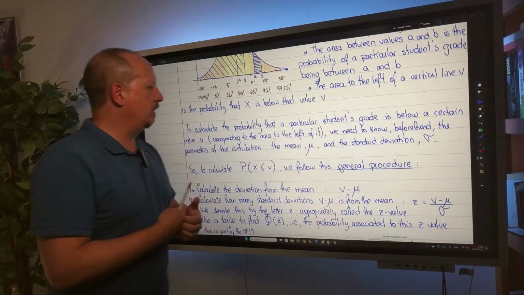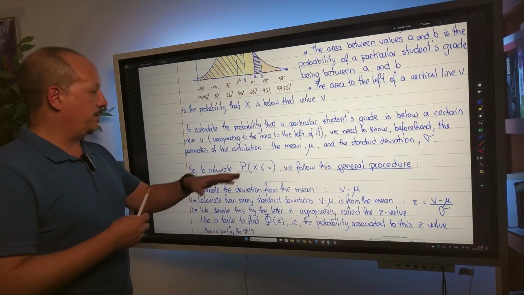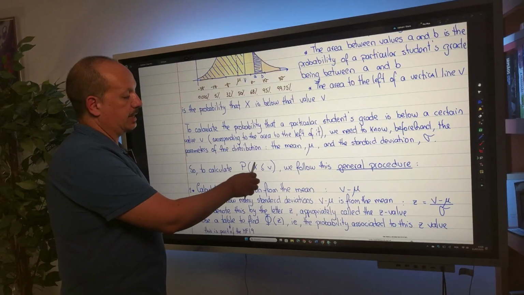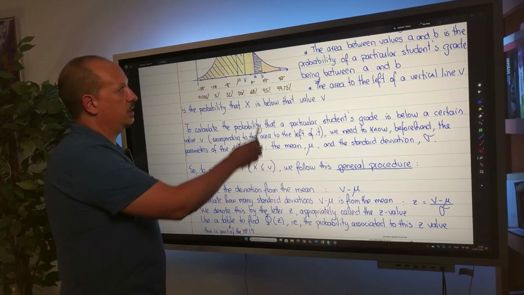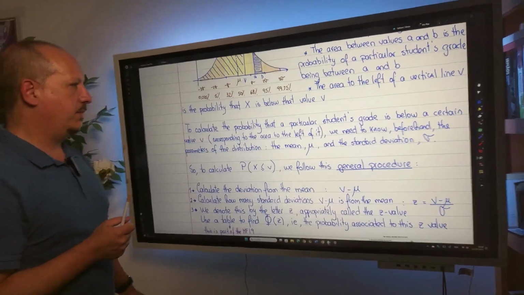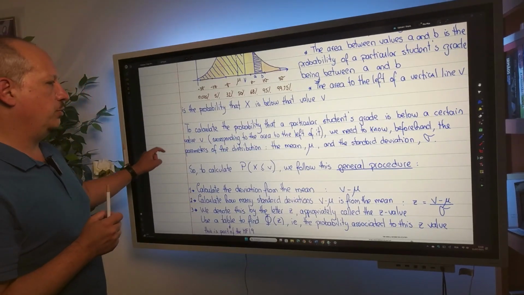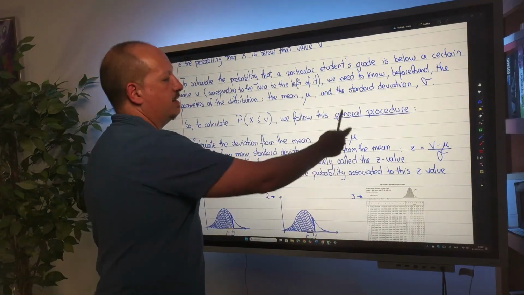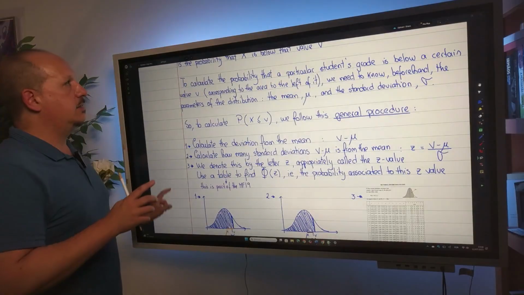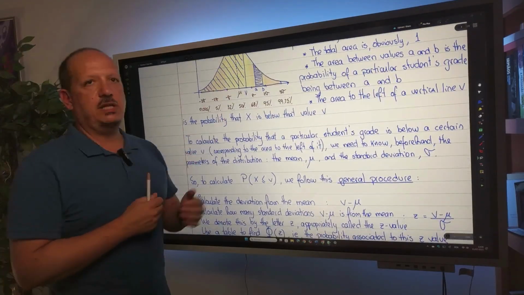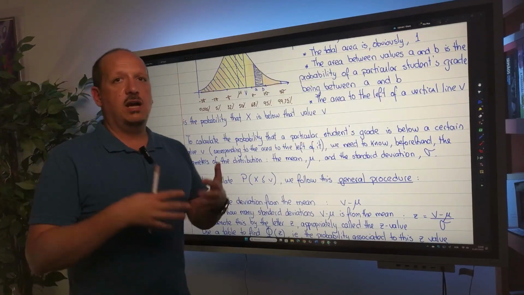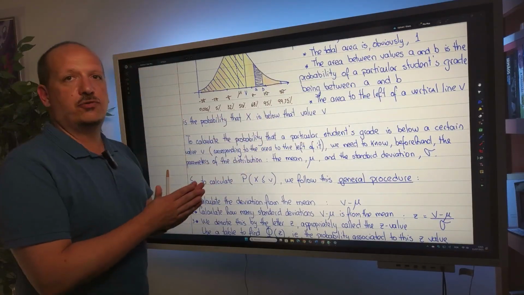So let's see what the procedure is. First of all, how is this represented? Again, is the probability that X is smaller or equal to V. All right? So the first thing that we're going to do is to calculate the deviation from the mean, V minus the mean. Don't forget that you are going to be given the mean of this normal distribution. So you are just going to see how far away the value is from the mean.